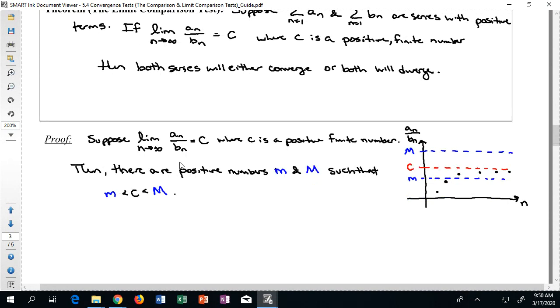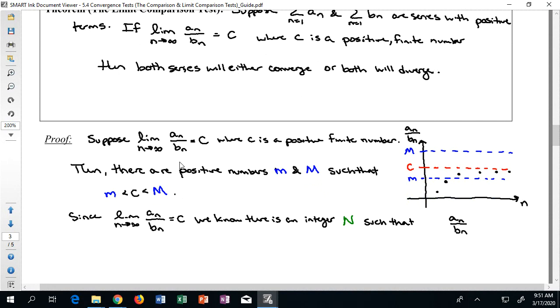Okay, but I could then also say this. Since the limit of a sub n over b sub n is equal to C, we know there is an integer capital N such that my dots, a sub n over b sub n, will be between the m's when n is past my green capital N. You can almost see in the picture where this occurs.